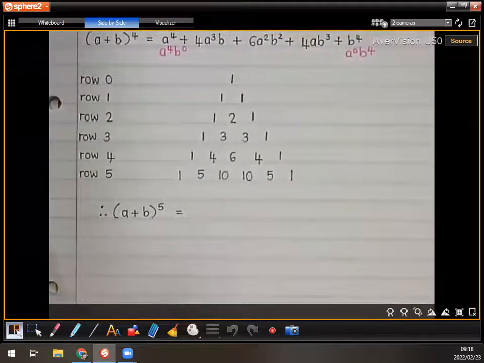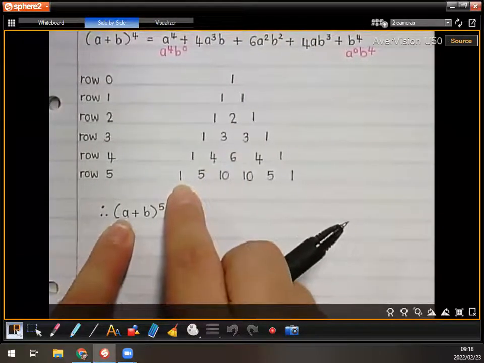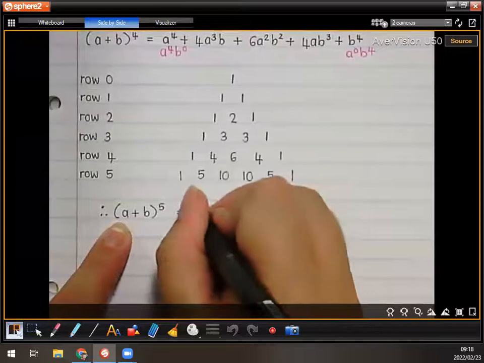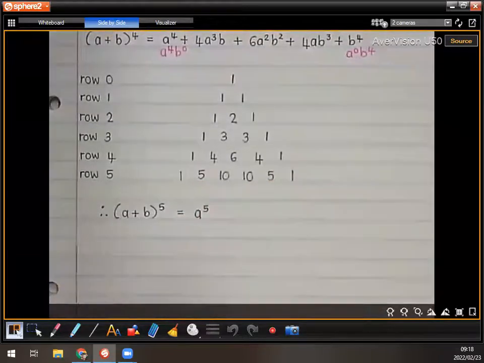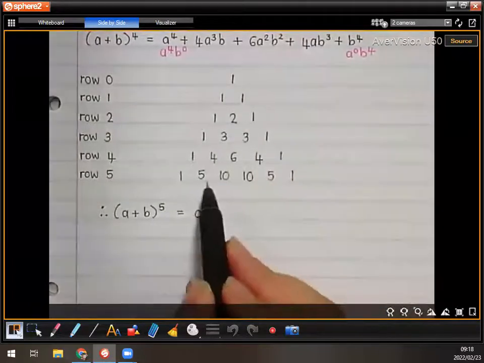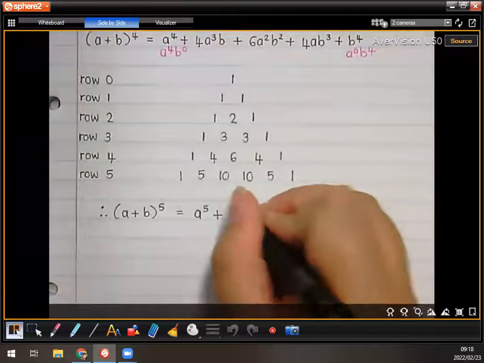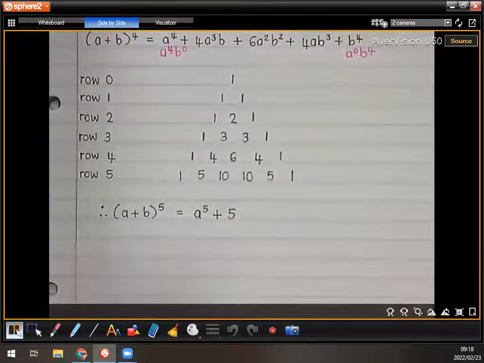Therefore, our first term, the coefficient has to be 1, and we're going to take the first variable to the power of 5. So we're going to have basically 1a to the 5. Plus, what must my coefficient be of the second term? 5. Then remember the first variable, the exponents decrease by 1, while the exponents of the second variable increase by 1.